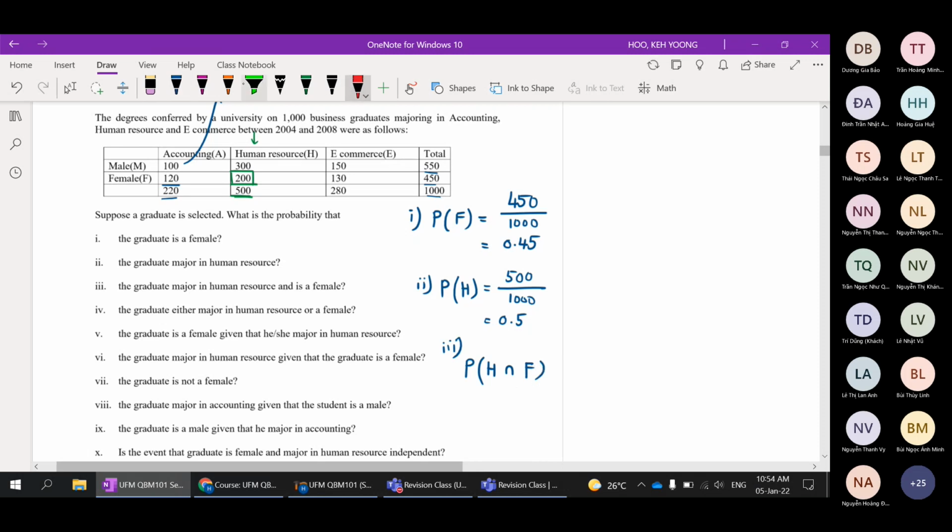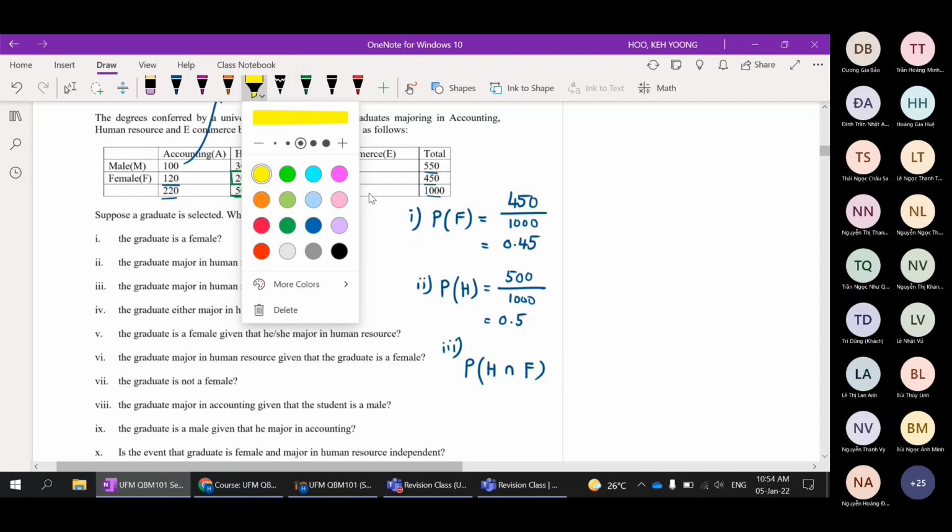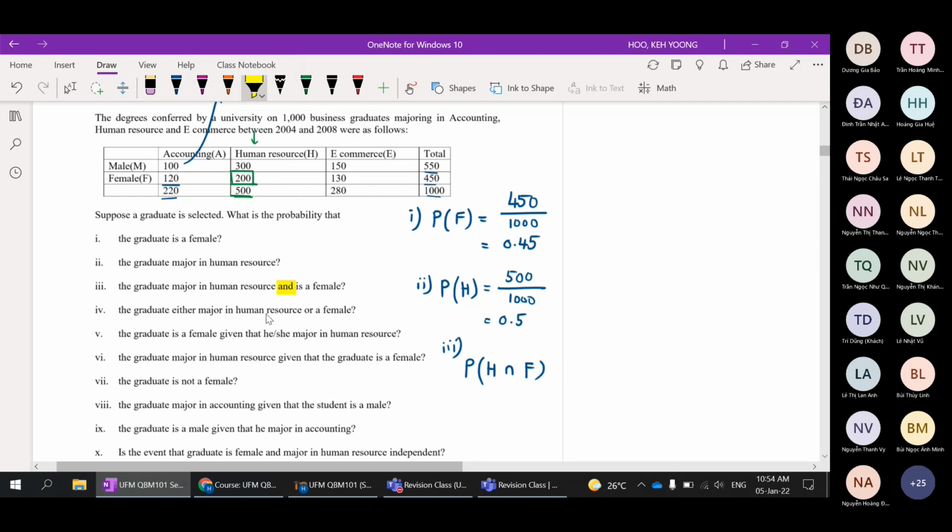If you see the word "and", the symbol that we use looks like an upside-down U. This is what we call the intersection. H intersect with F. So just now I said 200, right? So take 200 divided by the 1,000, the grand total, and you get the answer.